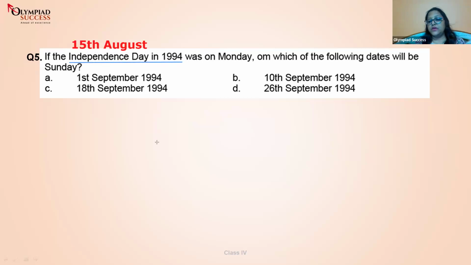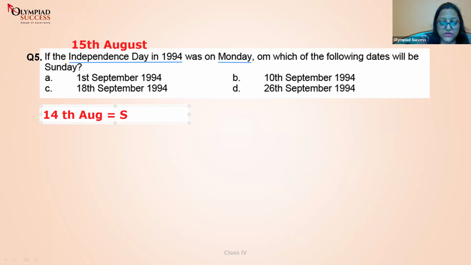So here, how are you going to do it? Any idea, Vita? Like 15th August was Monday, correct? Yes. So if you have to find out for Sunday, that means 14th August was Sunday, correct? 1 day before Monday would be Sunday. So if 15th is Monday, that means 14th was Sunday.